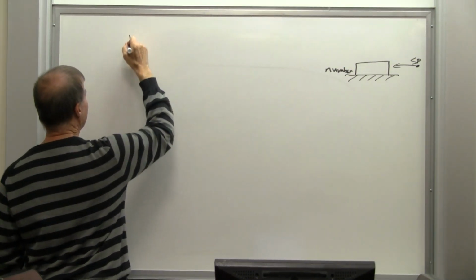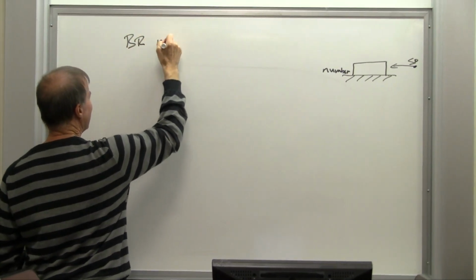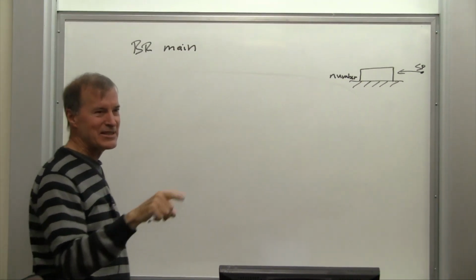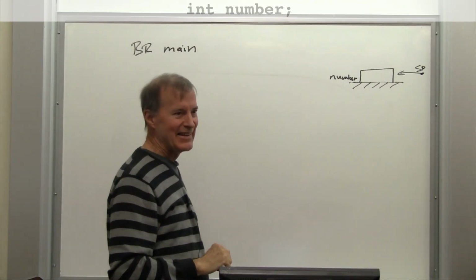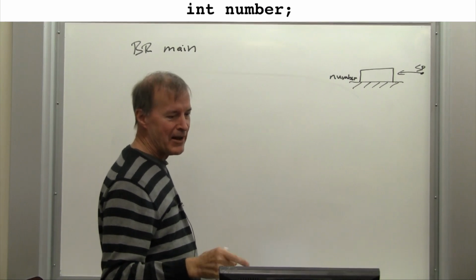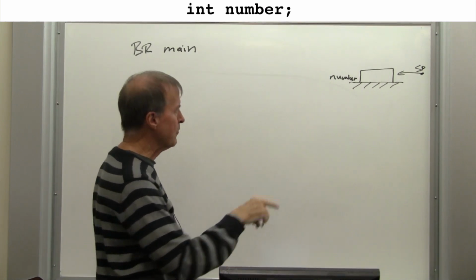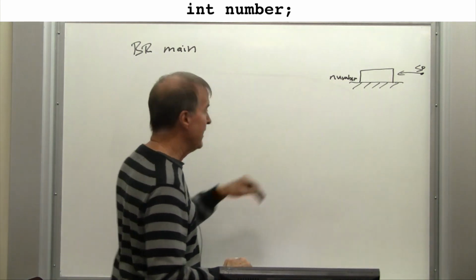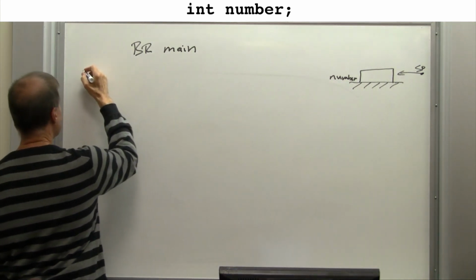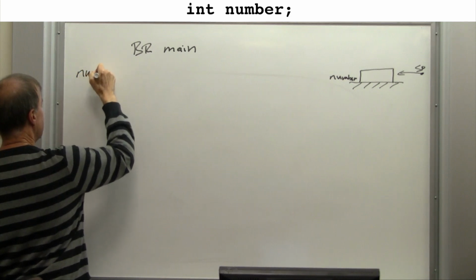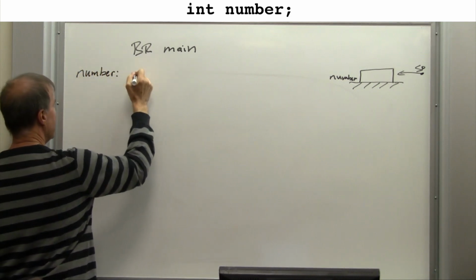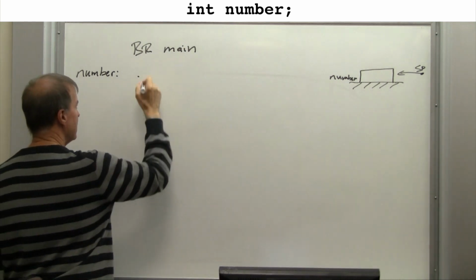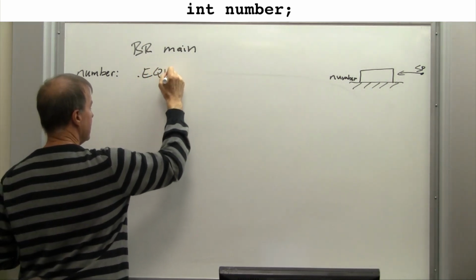Branch domain. All right, now you're next. Now we're going to branch domain, and now what about number? So what do we put here? Number, colon, and what do we do for number? Dot equate what? 0. Correct.